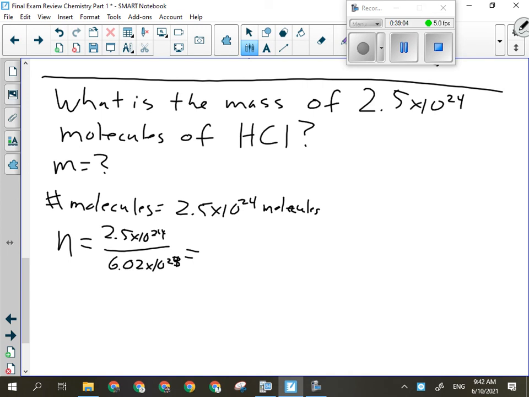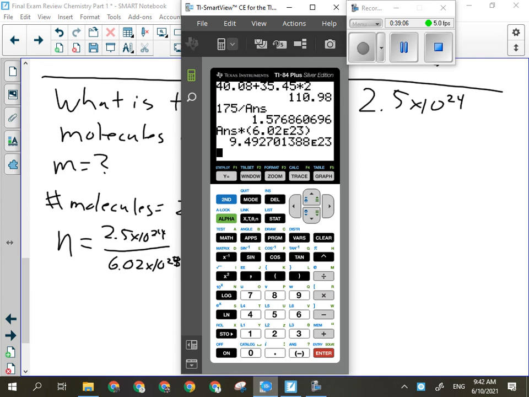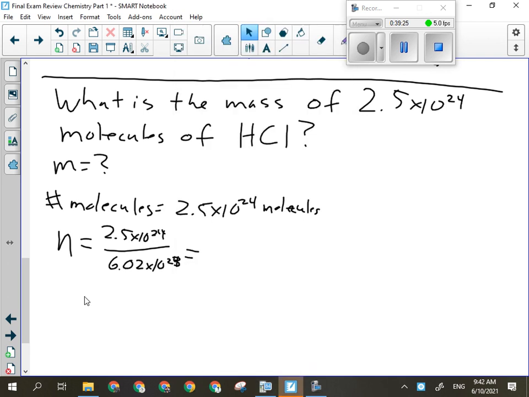So I want to do that operation first. So that'll be 2.5 E24, divided by Avogadro's number, 6.02 E23. All right, so I have 4.15 moles. I'll keep all those decimals in my calculator for later.